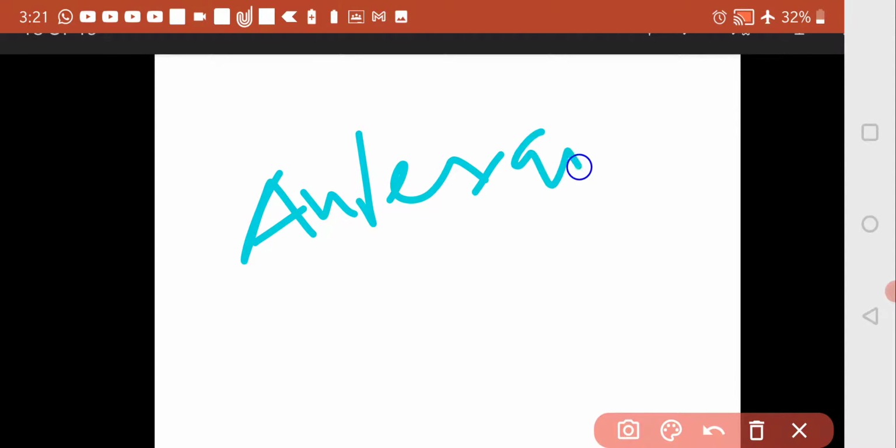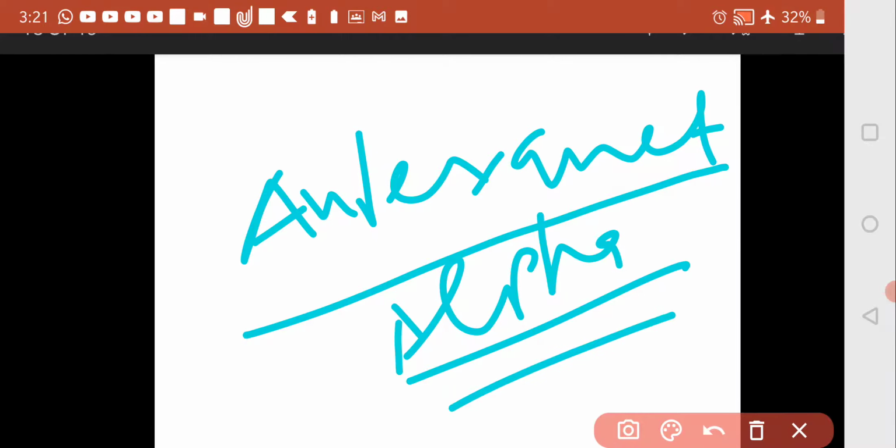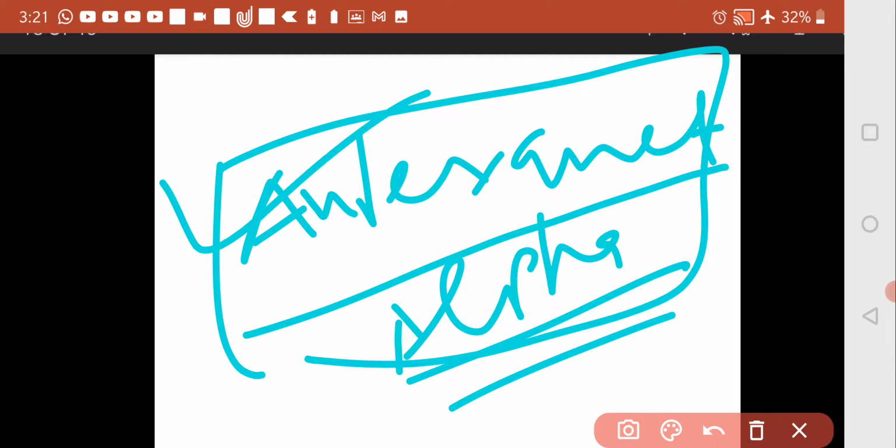Then for factor 10A inhibitors such as rivaroxaban and apixaban, there is a specific antidote, andexanet alfa. So it is useful in factor 10A inhibitor toxicity.